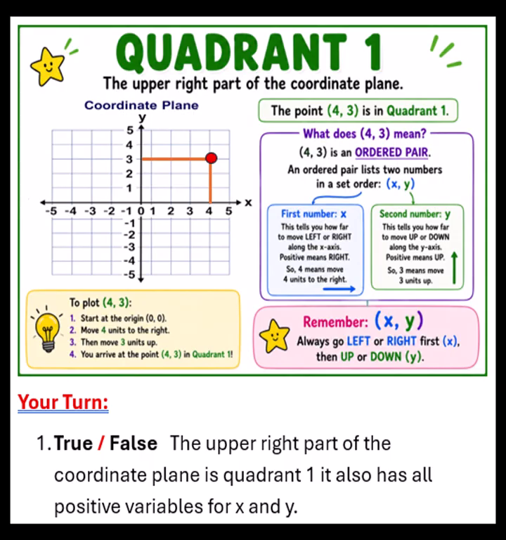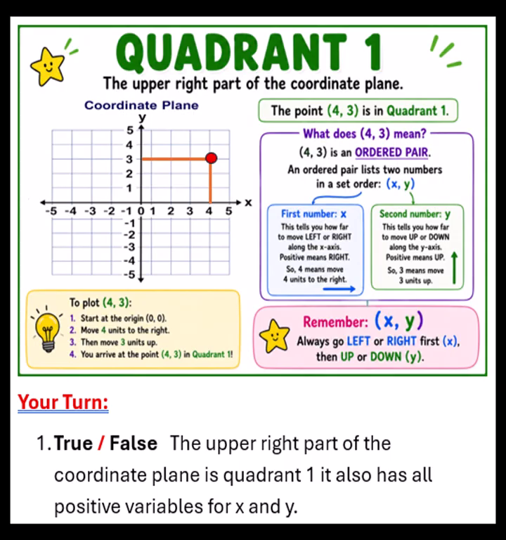Every time you start, you're starting at the origin, 0 and 0. So move 4 units to the right and then move 3 units up. And at that point, you arrive at the point (4, 3) in quadrant 1.